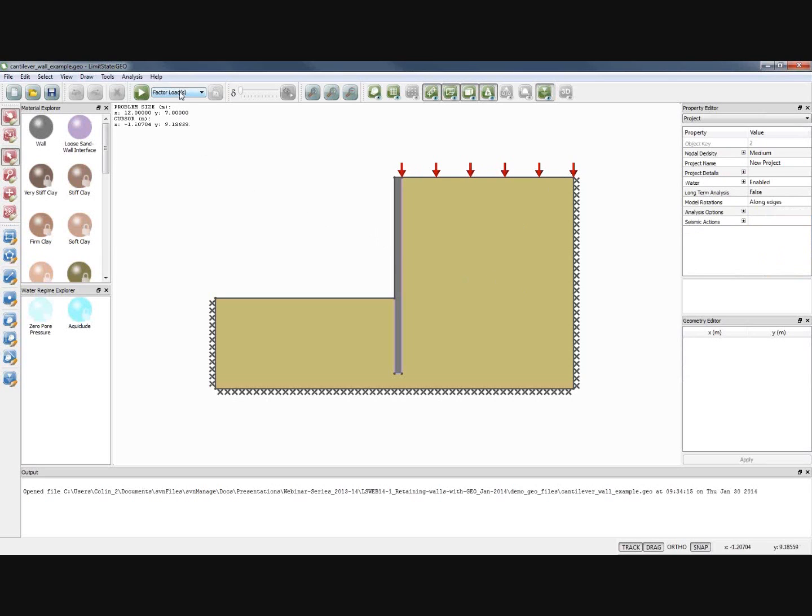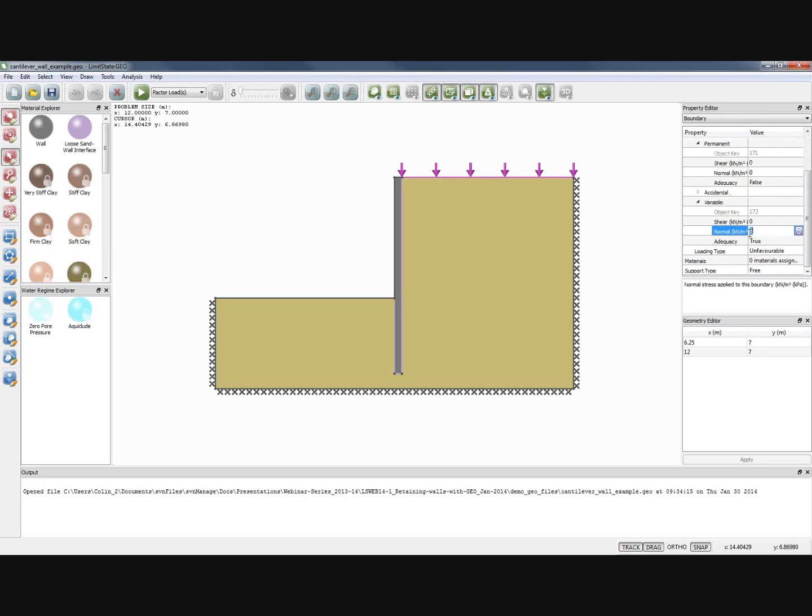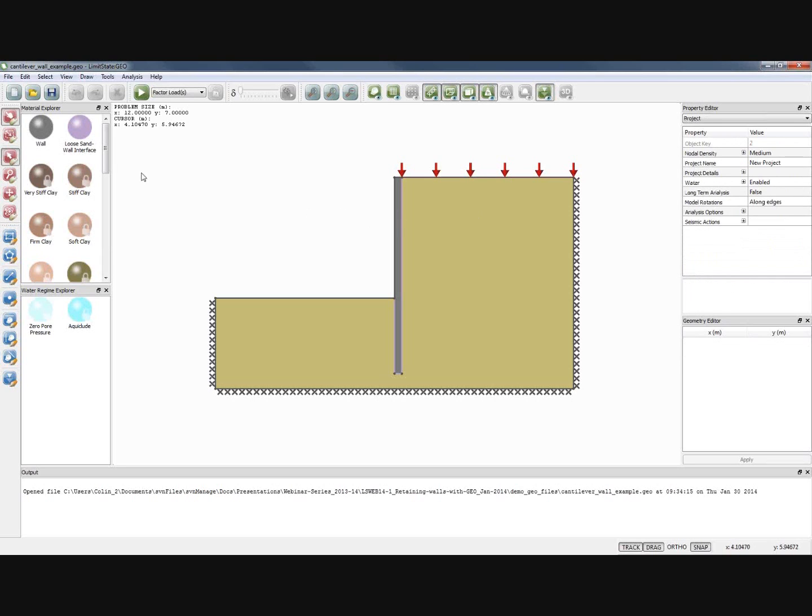We're going to use a factor load analysis, so we're asking the software how much heavier this surface load has to be to cause collapse. We've set that surcharge to a load of 5 kilonewtons per meter squared, and we've set adequacy to true, so we're asking the software what we have to multiply this value of 5 by to get collapse.